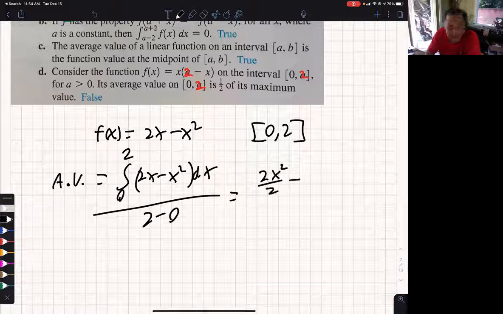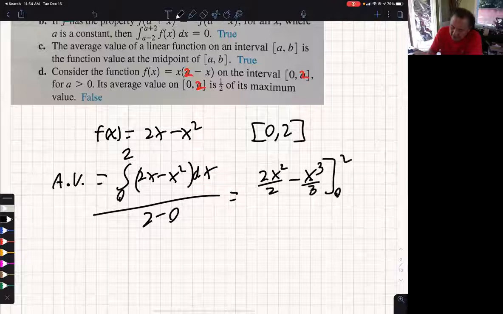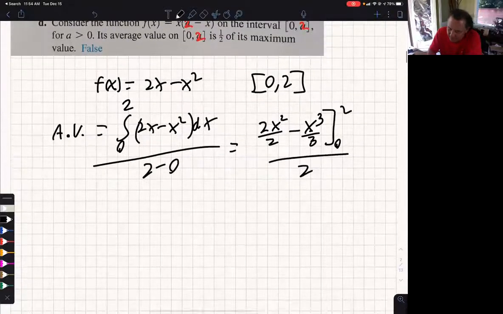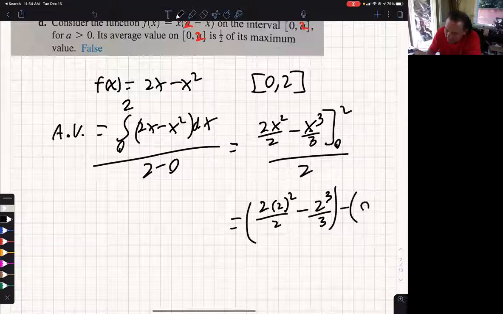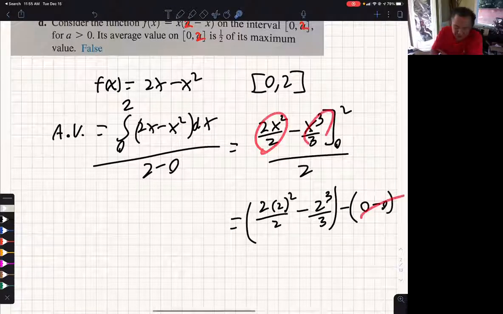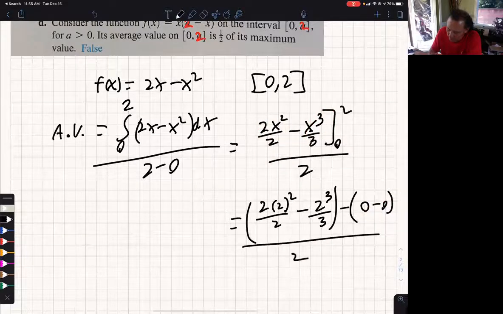The antiderivative of x squared is x cubed over 3, all over 2. Then I plug in 2. I can do that. 2 squared over 2 minus 2 cubed over 3. Then I plug in 0. If I plug in 0, we can see both those are 0. So that's just 0. And that's all over 2.